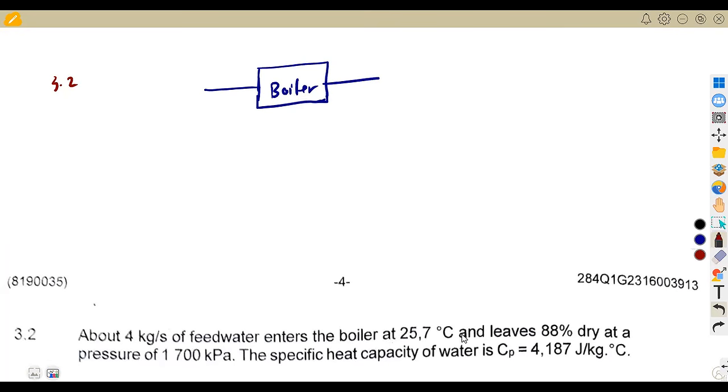It enters the boiler and leaves 88% dry. So this one is no longer going to be superheated. Because it's 88% dry, which means we're talking about enthalpy of wet steam. If it is 88% dry, it means there's a percentage of being wet.